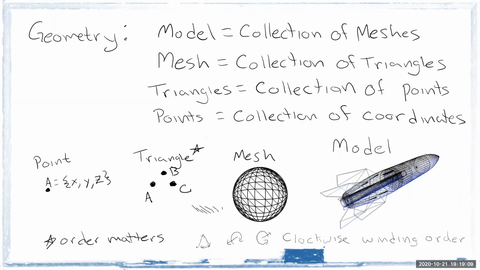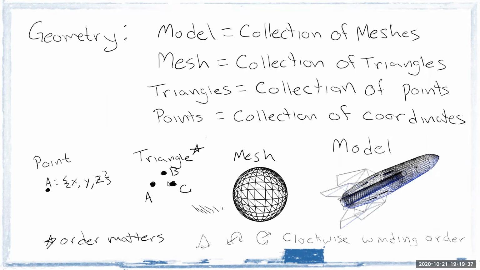That's important for a technique called backface culling, where we only render the front of any triangle, because the backside of the triangle isn't supposed to be viewed by the camera. So that side doesn't need to be rendered.